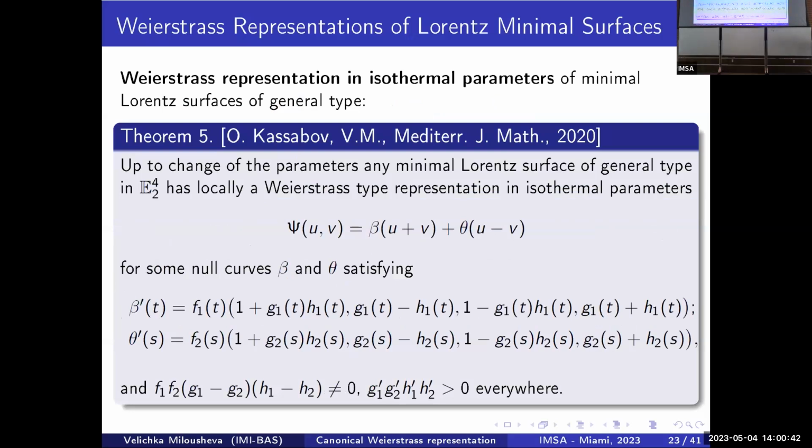So from Chen's theorem and this proposition, we obtained the Weierstrass representation in isothermal parameters of any minimal Lorentz surface of general type.